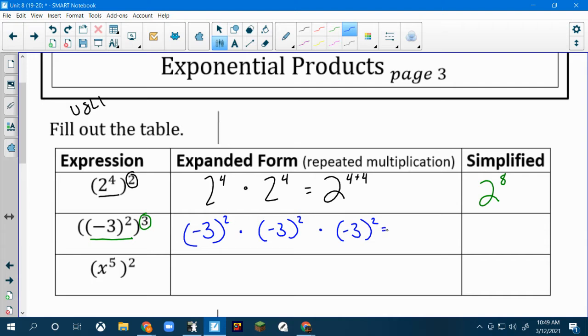Okay, well, that equals out to -3, and we're going to add the exponents. 2 plus 2 plus 2. -3, 2 plus 2 is 4, plus 4 is 6. So our answer is going to be -3 to the 6th power.